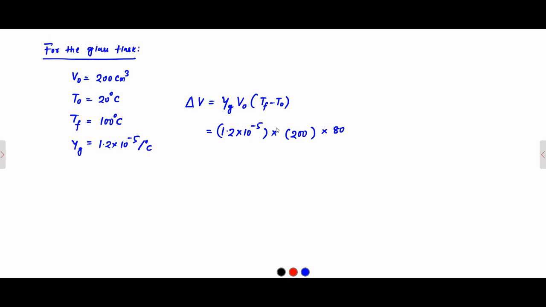Okay, so it is coming around 0.19 centimeter cube. This is the increase in volume of the glass flask.